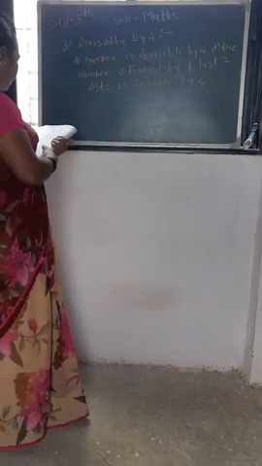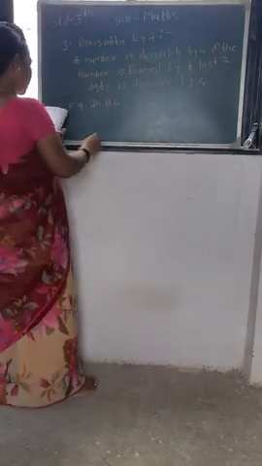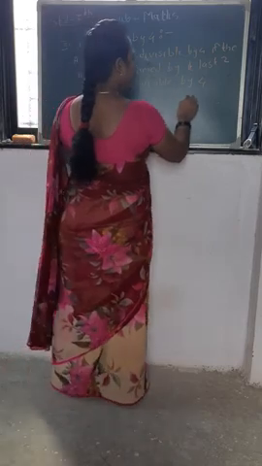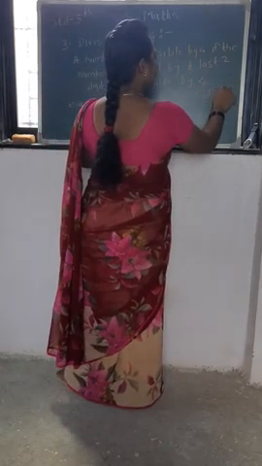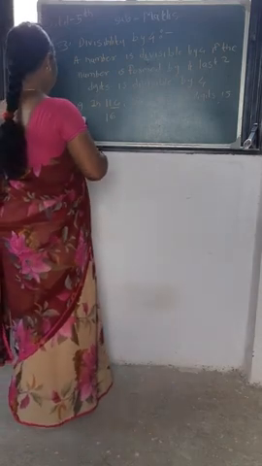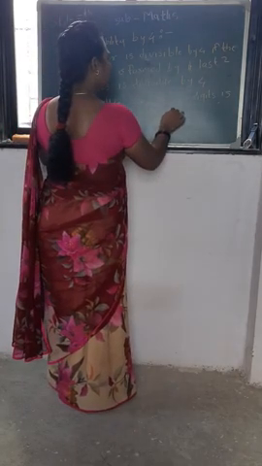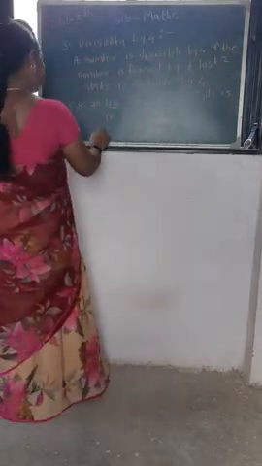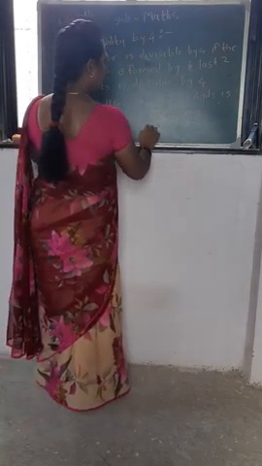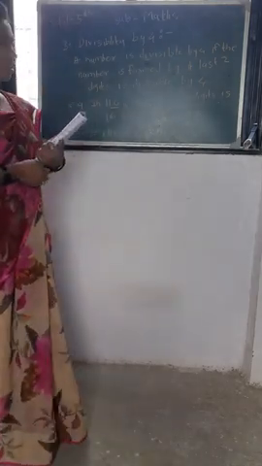Then for divisibility by 4, the example is 116. Since the last two digits are 16, and 16 is divisible by 4, that is, 4 fours are 16, so 116 is divisible by 4.